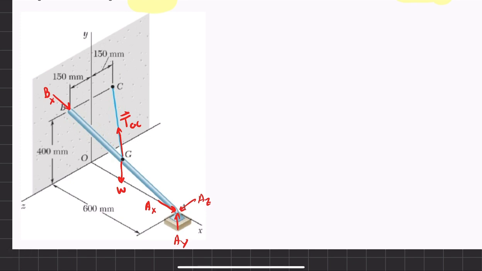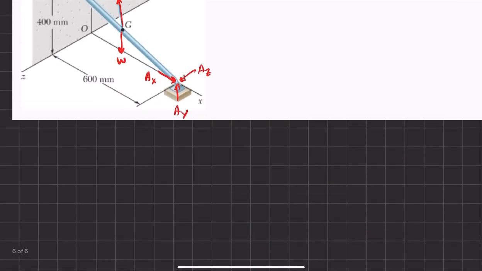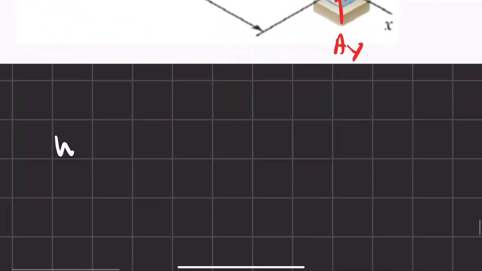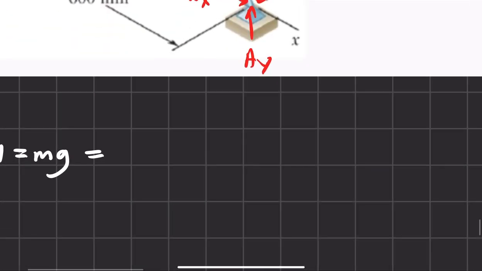So to find the tension in the cord, we can find the weight, which is equal to mg. Plugging in 18 kilograms times 9.81 meters per second squared, we get 176.6 newtons.